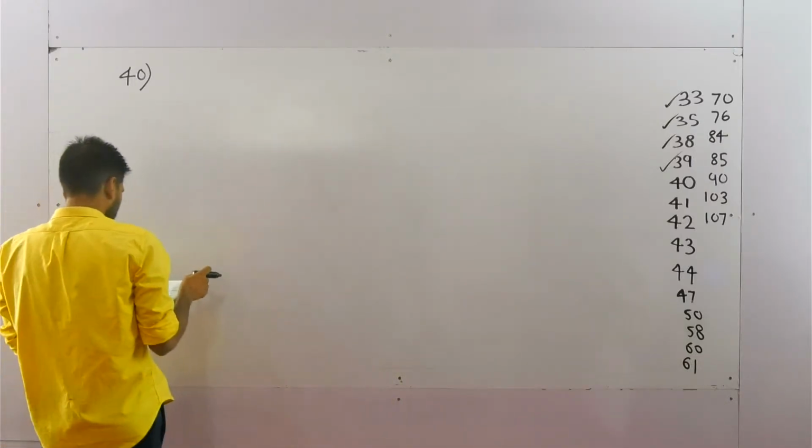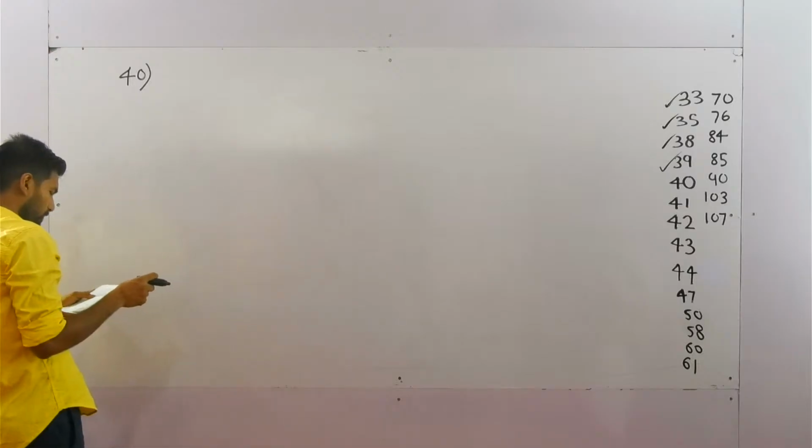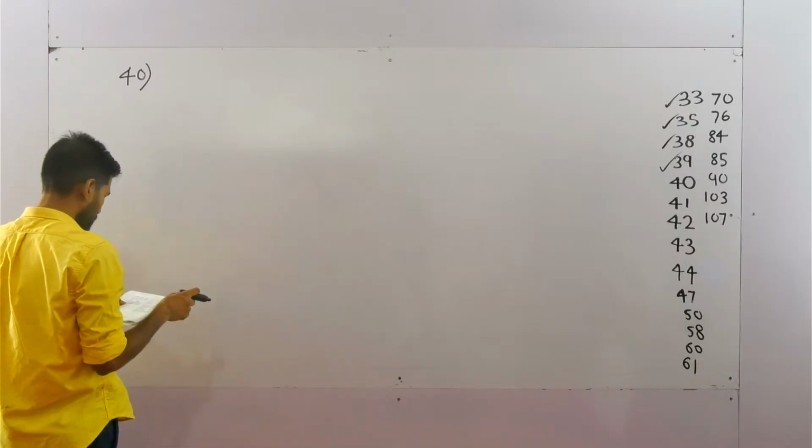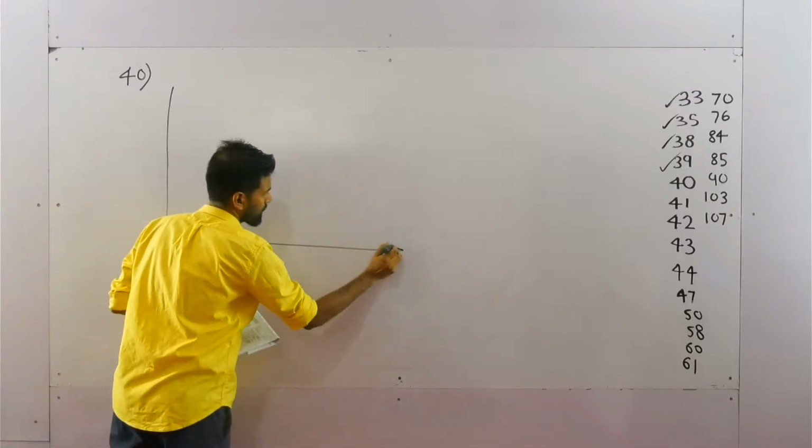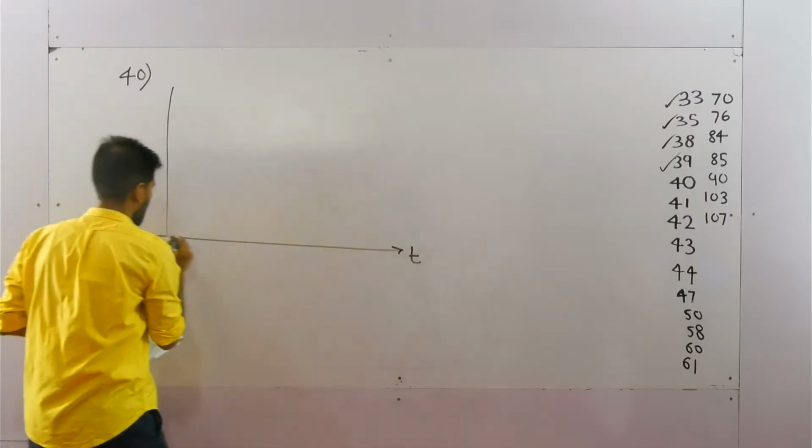Okay. The displacement time graph for a particle moving in a straight line is shown below. So this is a displacement time graph, displacement against time t.